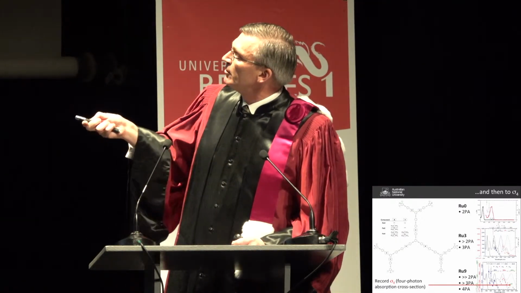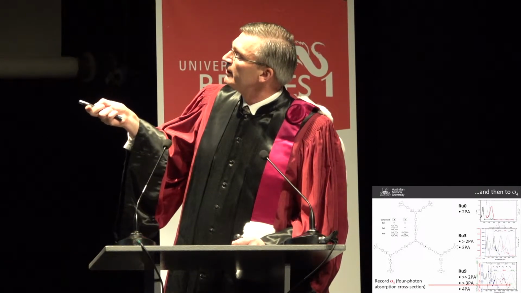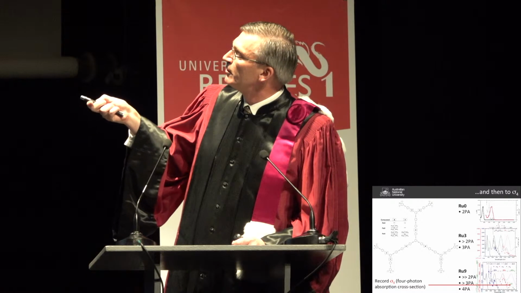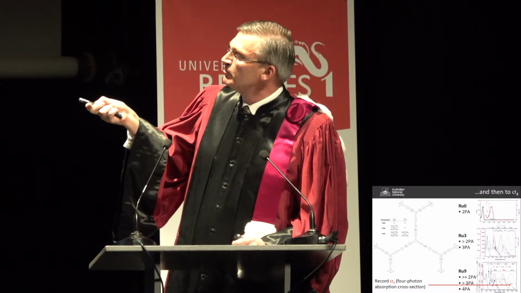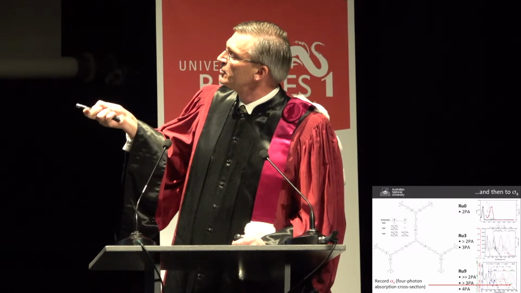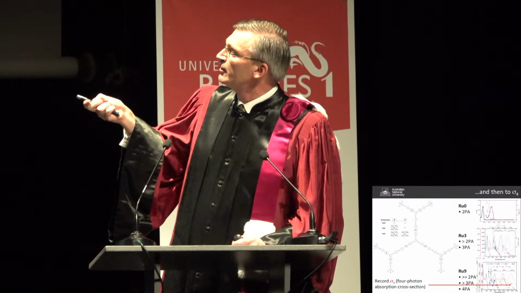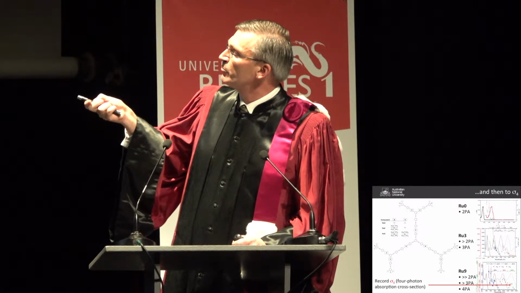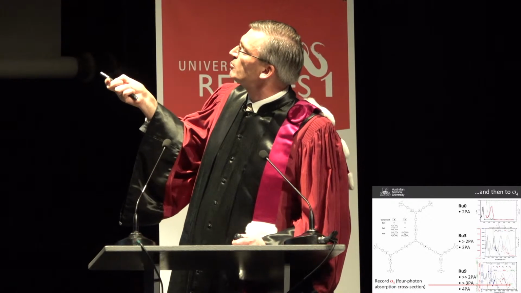Here's another example of one of these molecular trees, and what we've done here is to move from a purely organic molecule, which has no metals present, to introducing ruthenium, which is a transition metal. So firstly, we put ruthenium at these sites, and then secondly, we put ruthenium at all of the sites. So we've moved from a non-metal molecule to one with 3 metals and then one with 9. And this is what happens in terms of the properties.